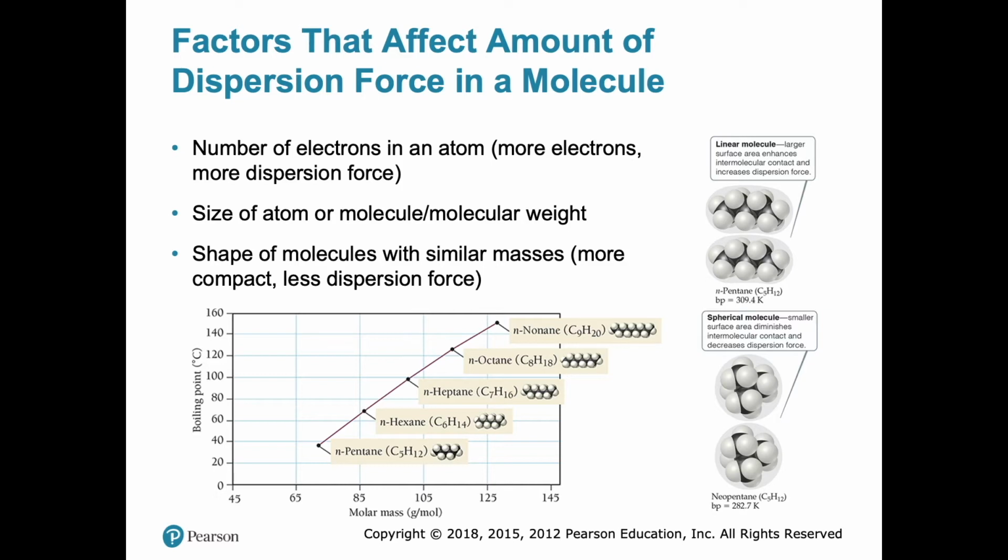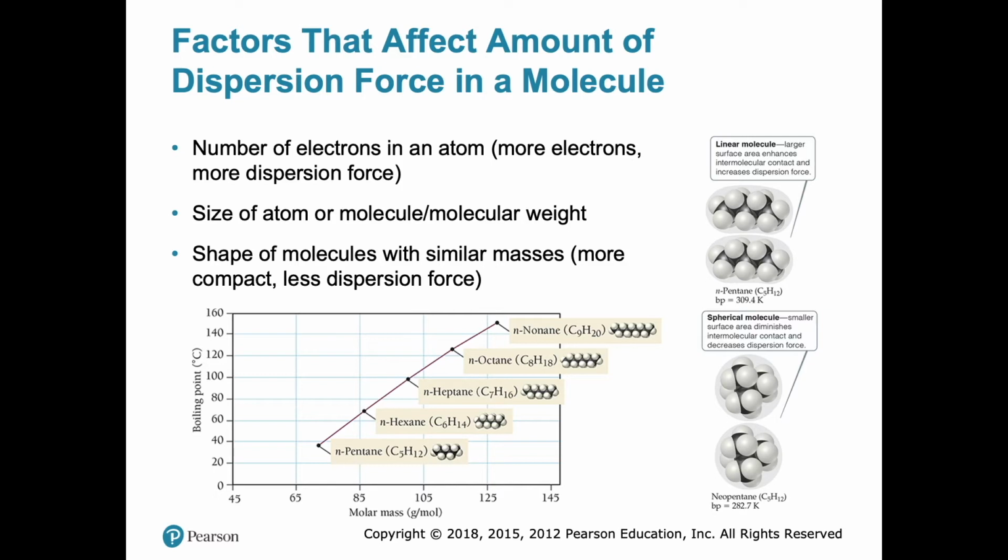So this graph here shows you a demonstration of the dispersion force. Here's pentane, the molecule C5H12. And as we go up, here's hexane, C6H14, and then we have heptane, C7H16. These molecules get bigger and bigger.